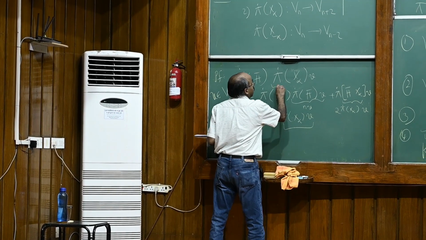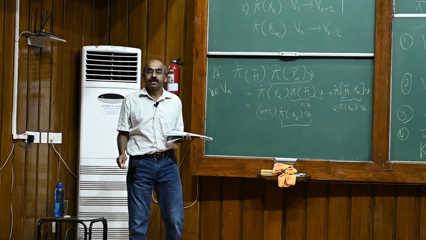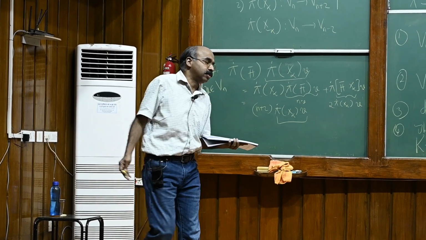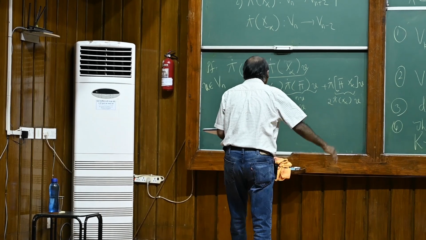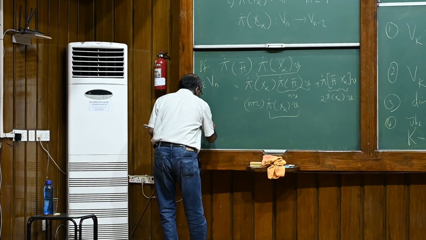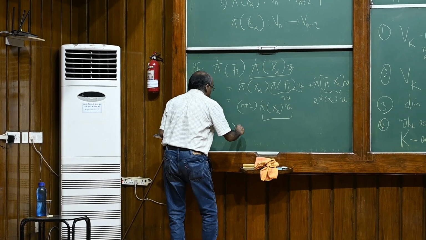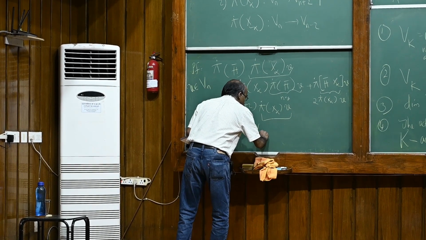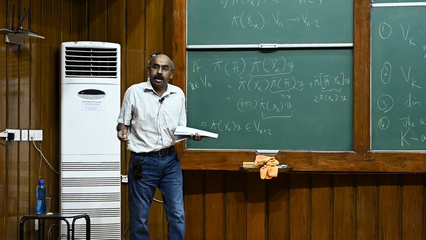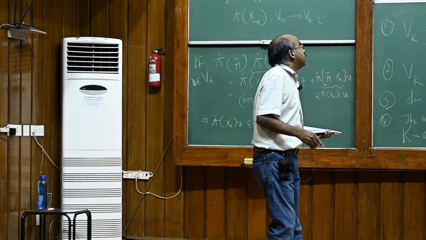So this tells me that pi dot of x alpha v is in Vn plus 2, right? So this is easy. You have seen this in the case of SL2 as well. Vn plus 2. Similarly, x minus alpha will bring in a minus 2, and then you have it.